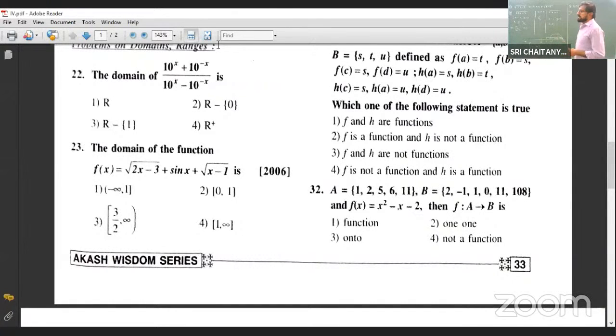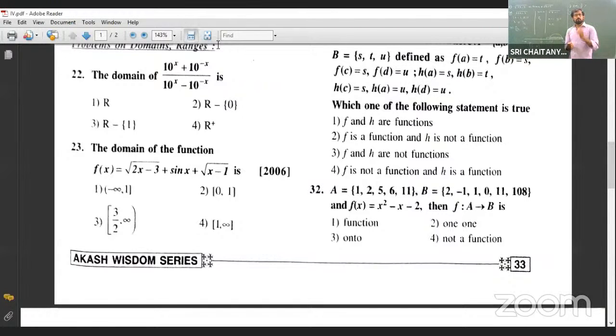Second option given to you is 0 comma 1 in closed interval. Here 0 is in the closed interval, meaning it is included. Hence if you substitute 0, the same problem occurs. By seeing the problem itself, you should judge at least 2 options.